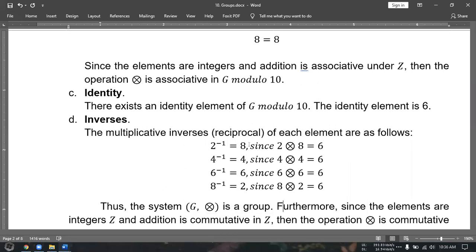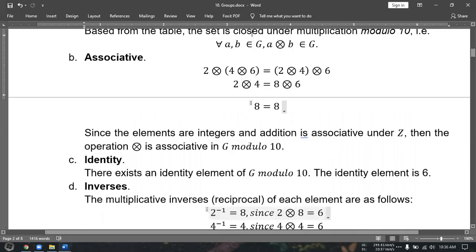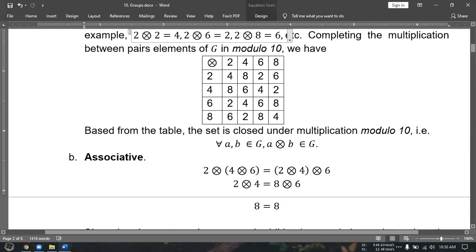So we already verified that this is a group. Now, let's test whether this group is abelian or not. Tignan natin. An abelian group is also termed a commutative group.